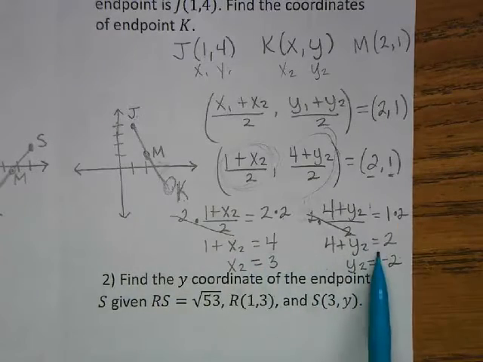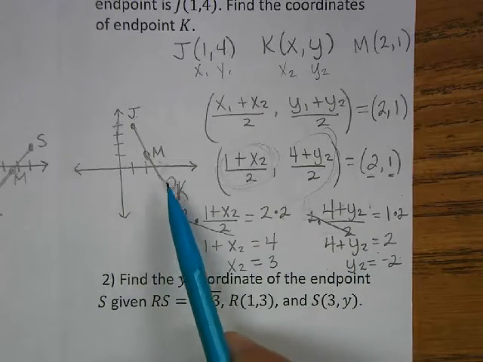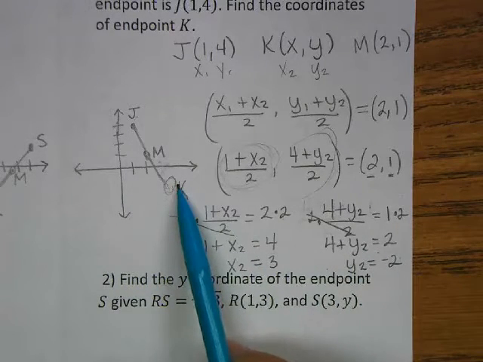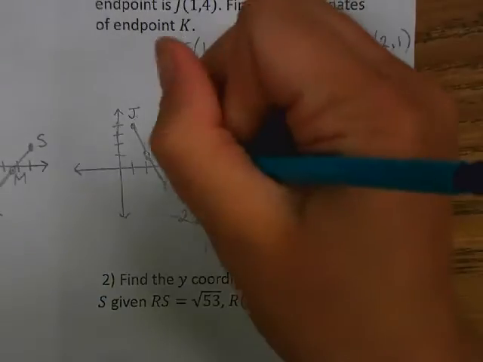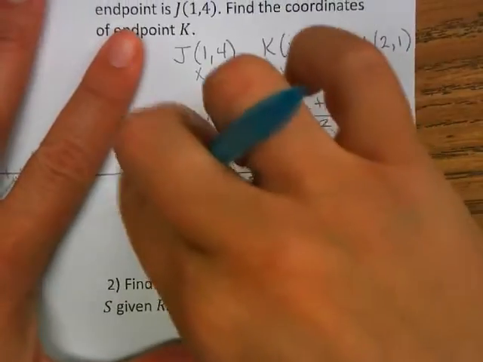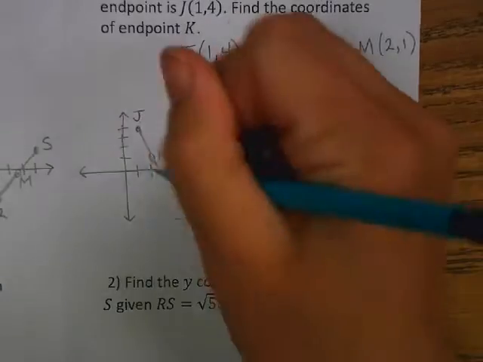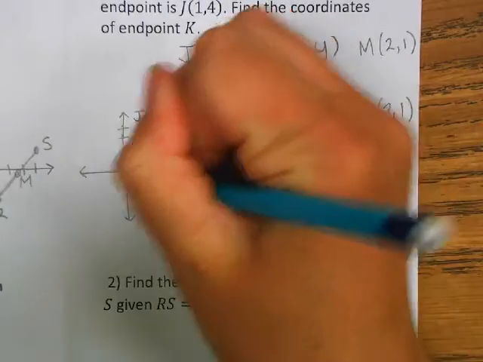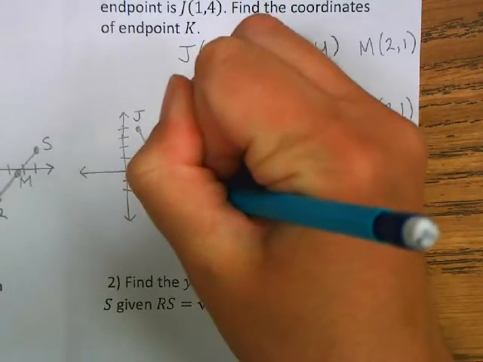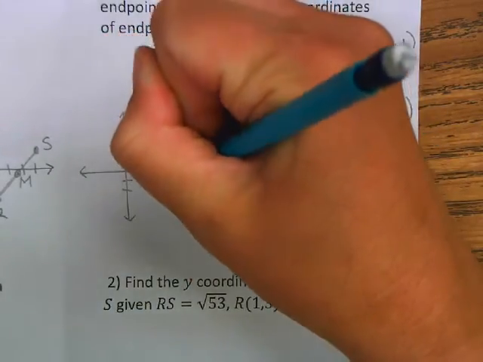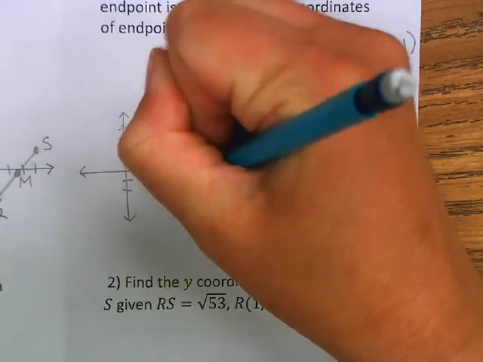And then you would double check to make sure visually, does that match up? So you'll see that K is exactly over 3, down 2. So you can visually see that matching up.